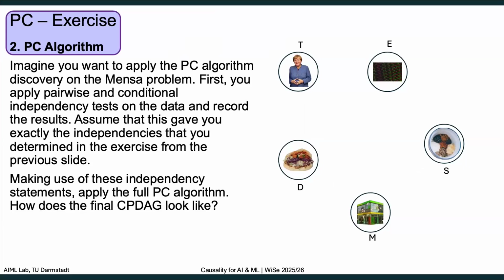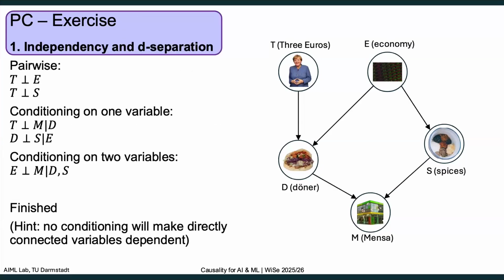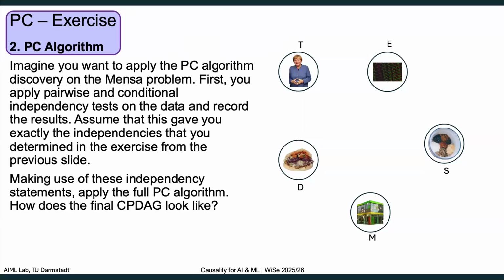So that's nice. We can read off independency statements from a graph. But usually, if we have data, we don't know this graph yet. We might get these independency statements by checking the data, iteratively going through all the variables with statistical tests.